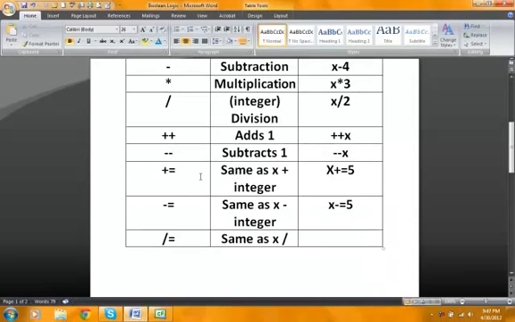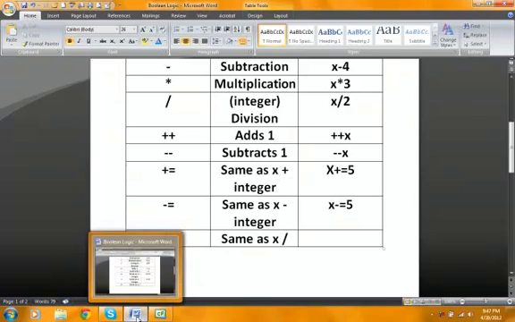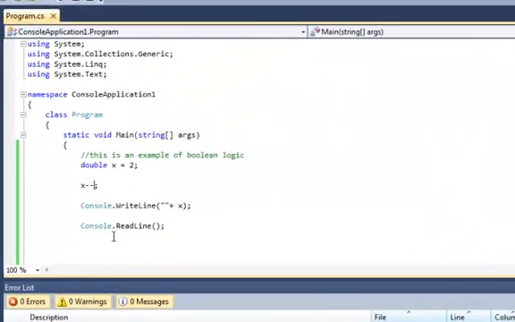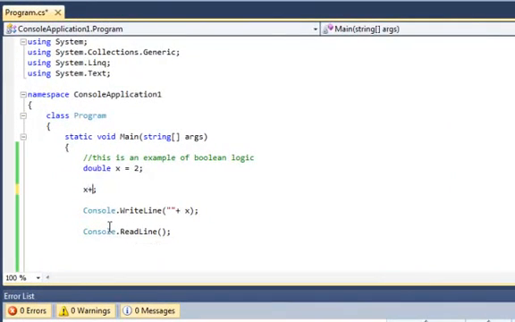The next one that I want to show you is plus equals, and this is the same as x plus whatever's behind the equal sign. So here I can say x plus equals 1.